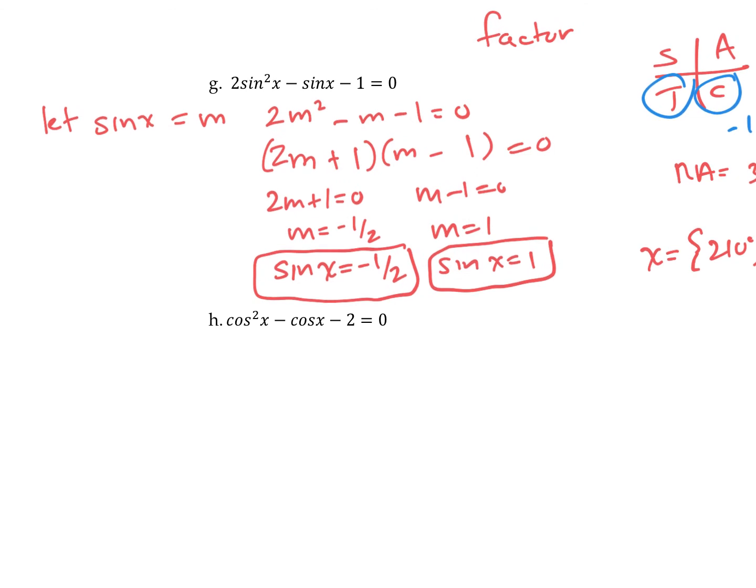Sine x equals 1 is a little trickier because whenever it equals 1, -1, or 0, it actually means that you've landed on an axis. So think of a unit circle as a radius of 1.